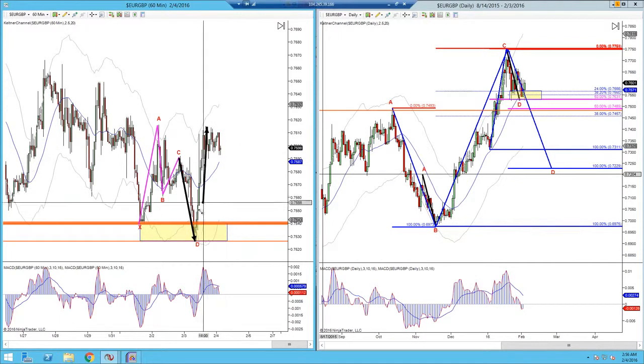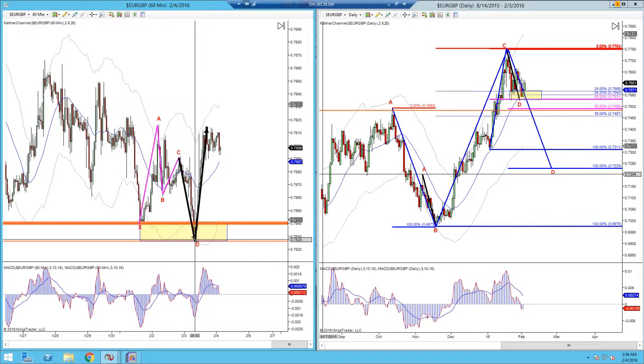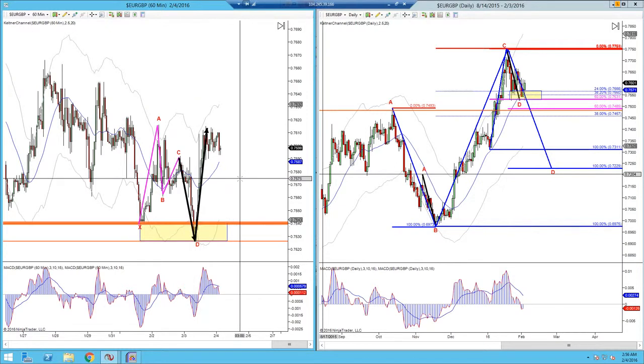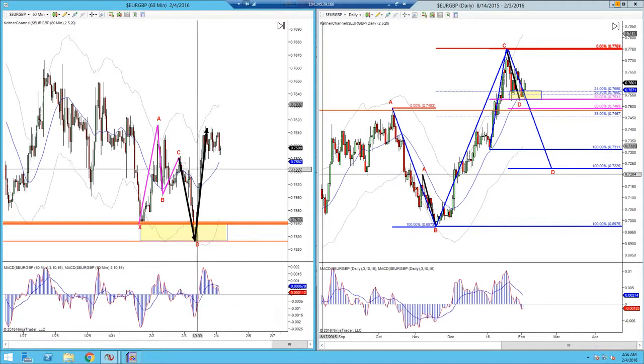Real important, guys. If I could teach you anything else tonight, it is the shift in momentum from down to up. This is called a shift in momentum. The swing up is greater than the swing down.